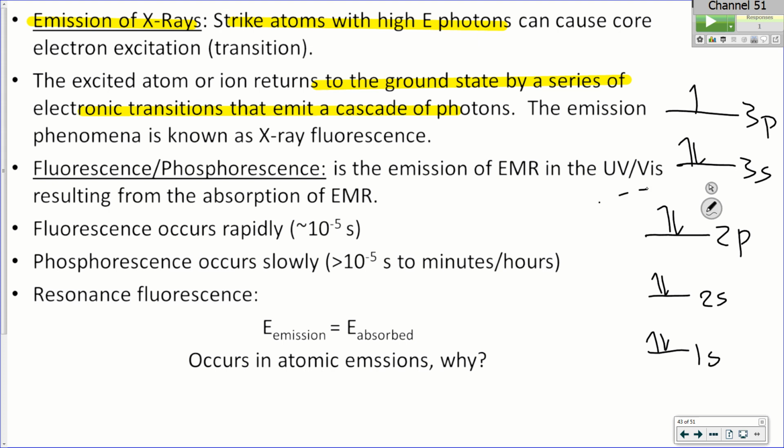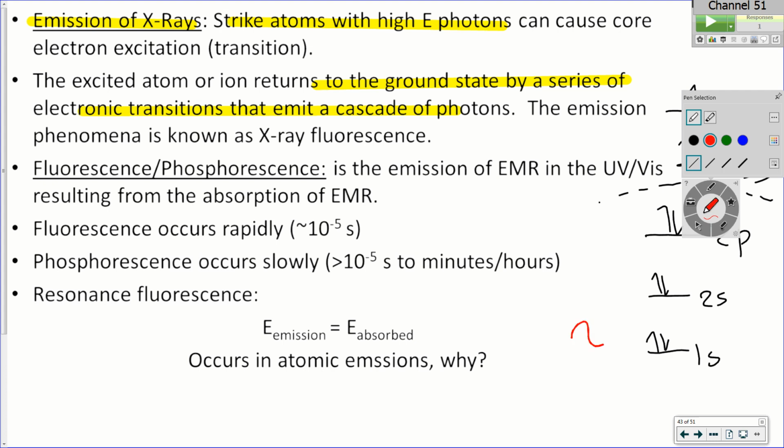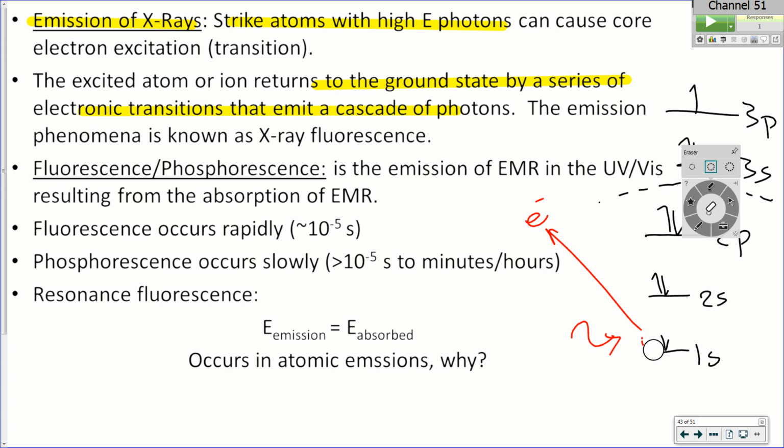This would be your outer shell. These are your valence electrons in the threes. You hit it with a high enough energy photon that it causes this 1s electron to be ejected. So this electron gets kicked out. That leaves an empty hole down here, and the fact that that electron is no longer there is going to cause this cascade event.